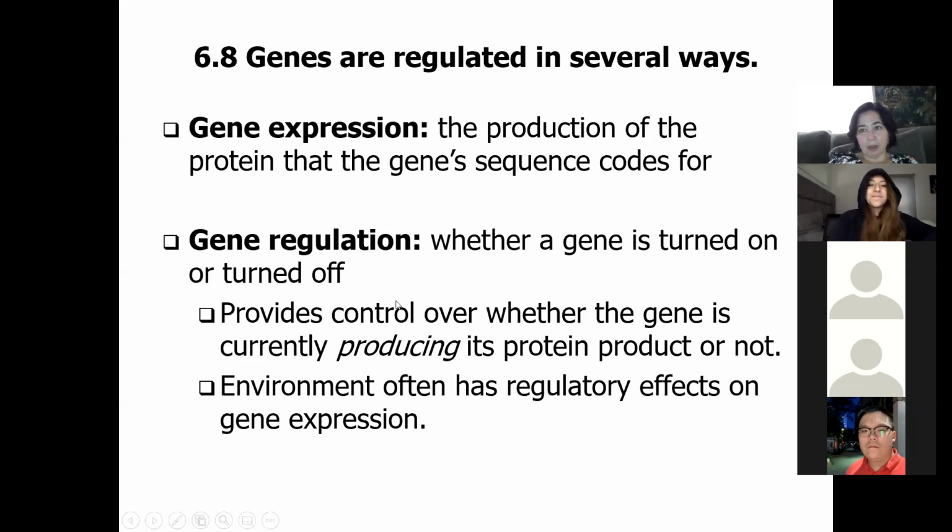Usually there is a special molecule added to the beginning of the gene. Once this molecule is added, the gene is silent. When this molecule is removed, the gene becomes active again, okay? And sometimes certain life events and the environment can affect this gene regulation, turning your genes on and off.